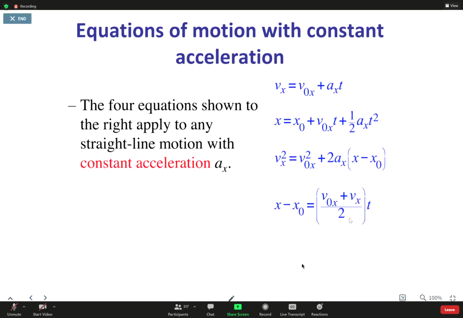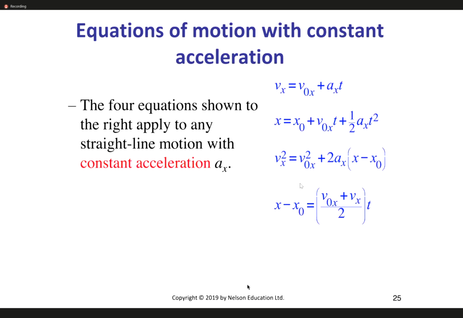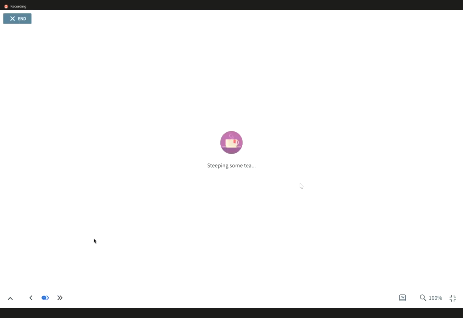What I want you to remember are these equations, so maybe you want to take a screenshot or jot them down, because hint, hint, you might need to use one of them. I'll wait a couple of seconds for you to do that.